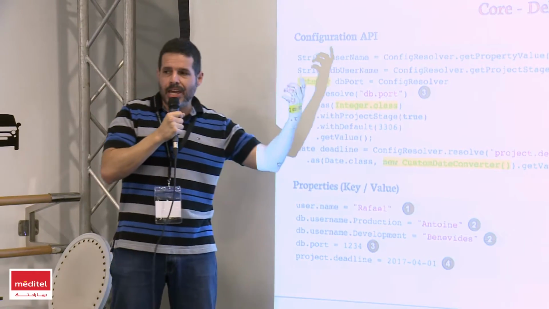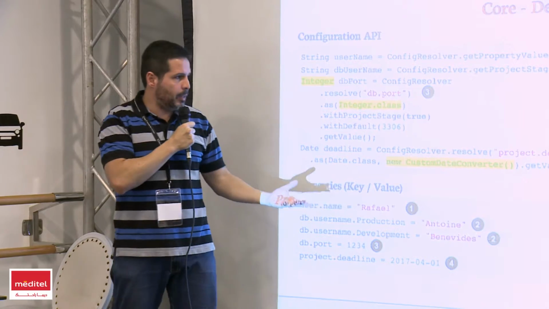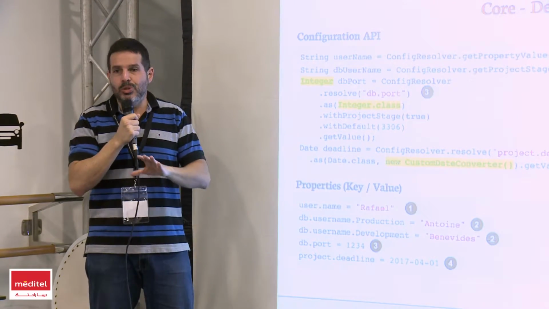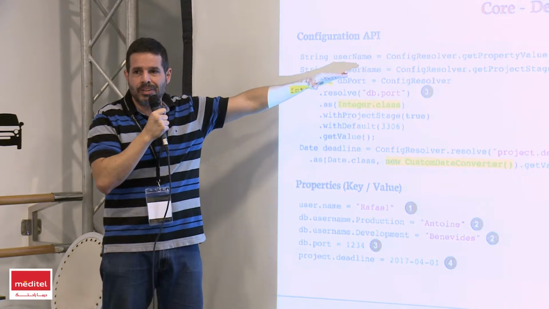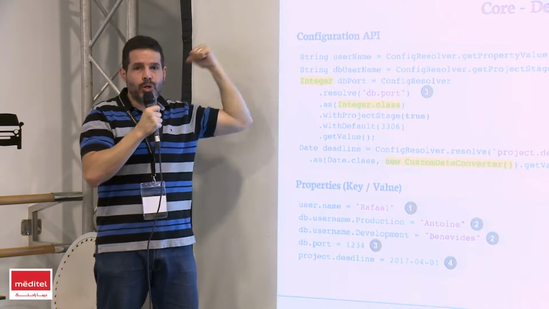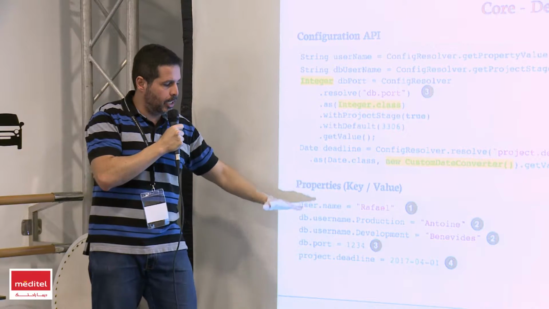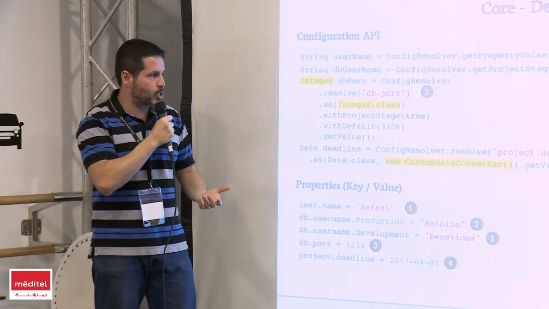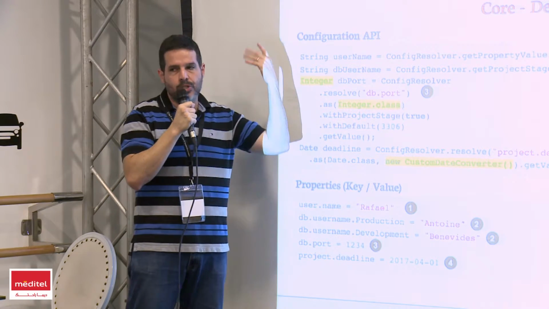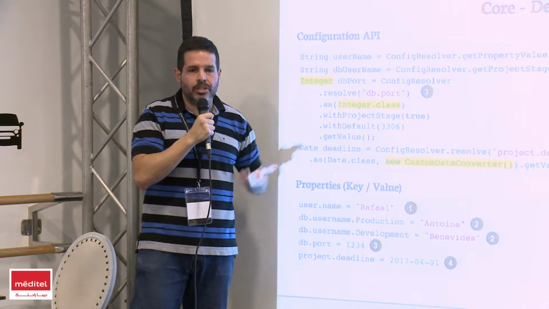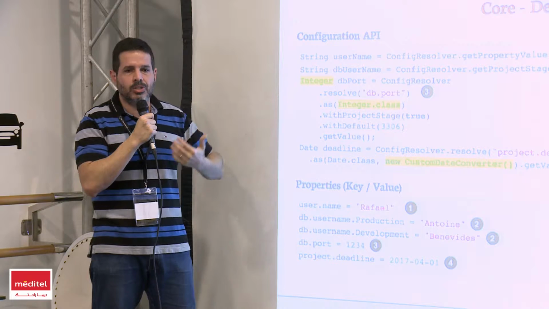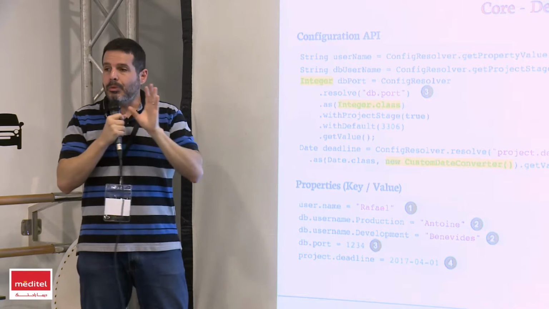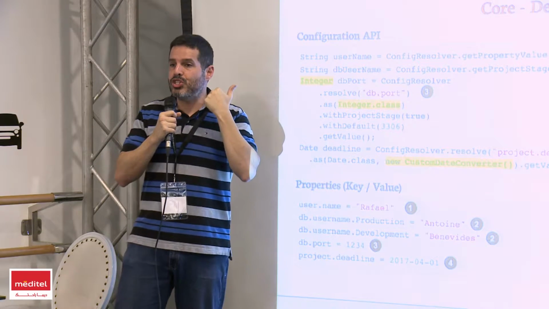If the project stage is development, it will return Benevides instead. So you didn't need to change the code. You just need to configure your application and it will get the proper value from the configuration file or configuration key that you used on those mechanisms that I talked about. But remember, we are talking about Java.